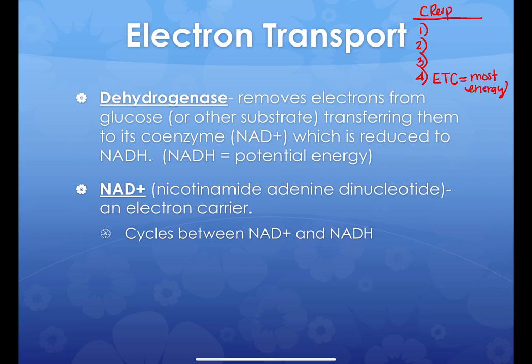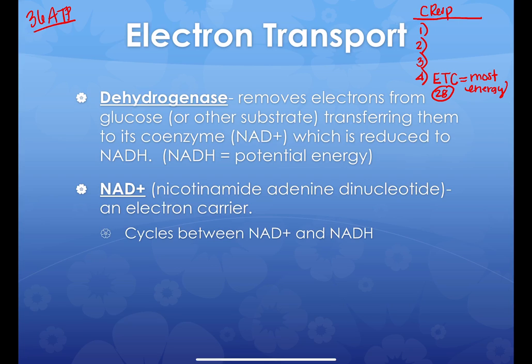In cellular respiration, there are about 36 ATPs total that are made. Okay? But about 28 of those ATPs come from the electron transport chain. So that's where most of the energy happens. All right? And that's going to be important in just a minute.